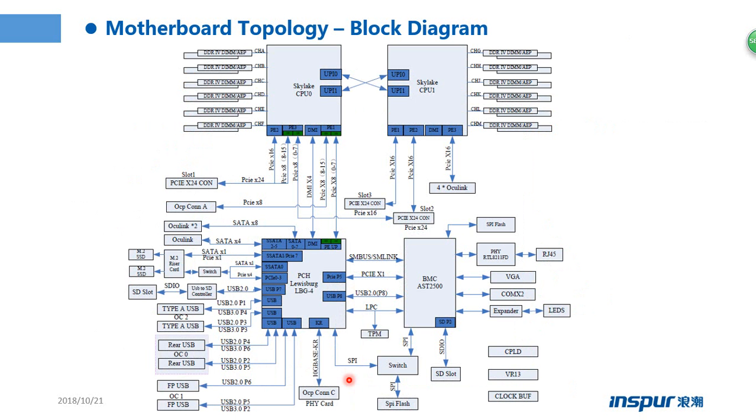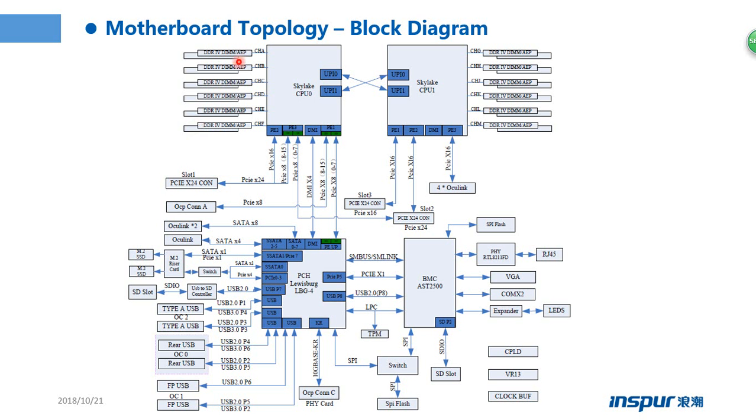This page shows the motherboard topology, the block diagram. From this page, we can see each CPU can support 12 DIMM slots. As we all know, each CPU supports channels, and each channel supports DIMMs.